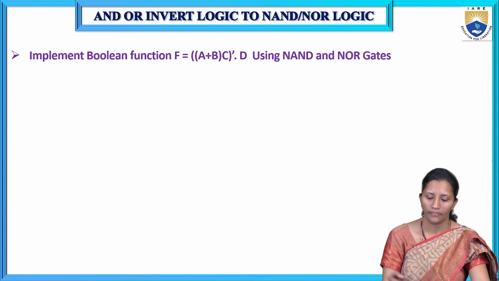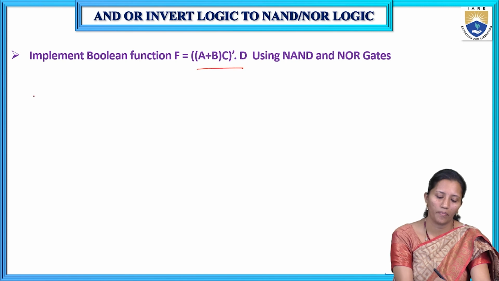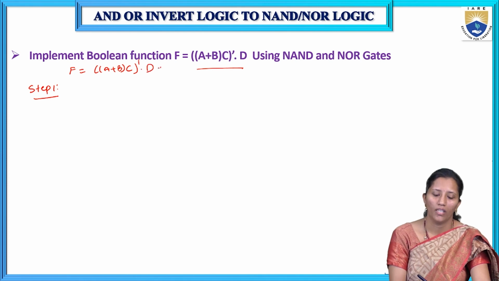So here, F is equal to (A plus B) into C complement into D. First, this equation we have to represent in step 1. The equation is A plus B into C complement into D. First we have to implement this Boolean function in terms of AND, OR, inverter logic.